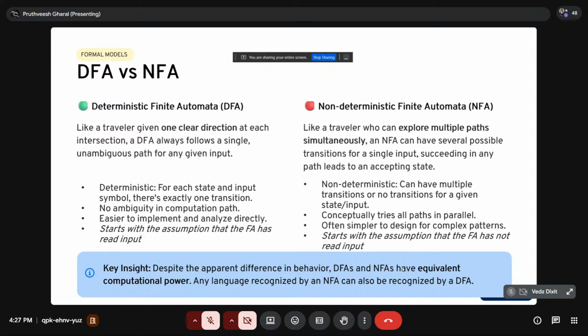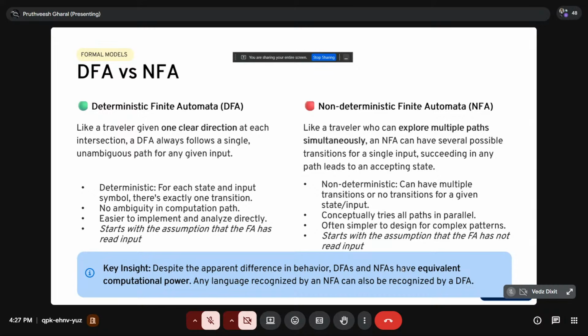Here they have given the analogy of a traveler given one clear direction at each intersection. A DFA always follows a single unambiguous path for a given input. Whenever a DFA receives an input, it knows which state it will be in, and that state is predictable for us.